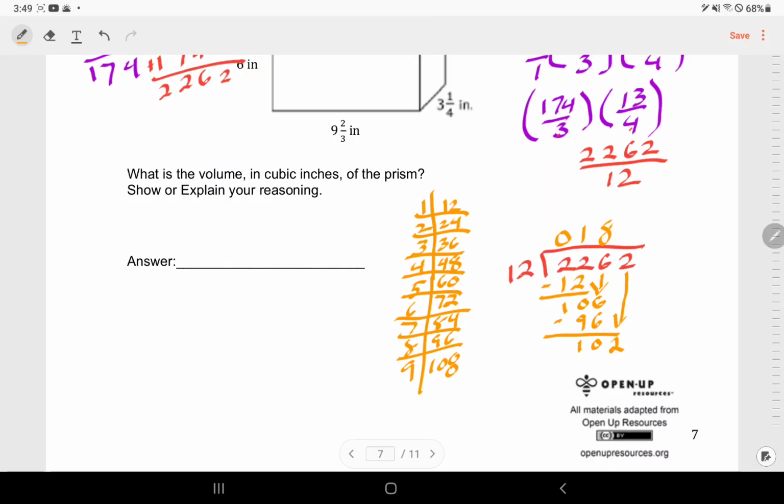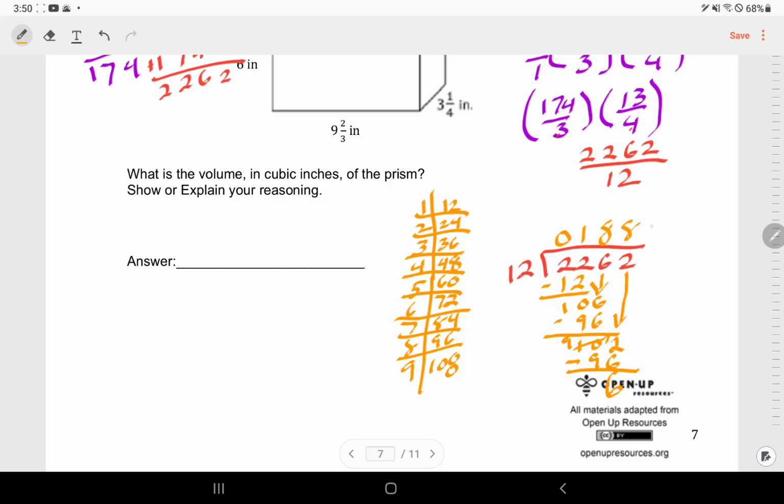Well, 108 is too much, so 8 times, and that's 96. So 10 becomes a 9, the 2 becomes a 12. 12 minus 6 is 6, and so it's 188 with 6 left over.